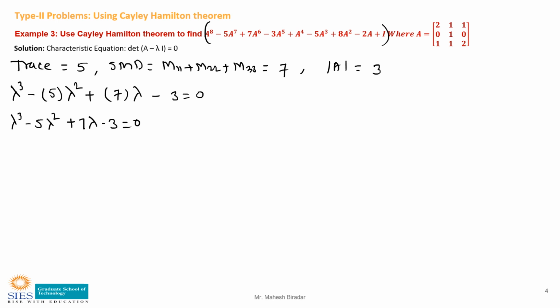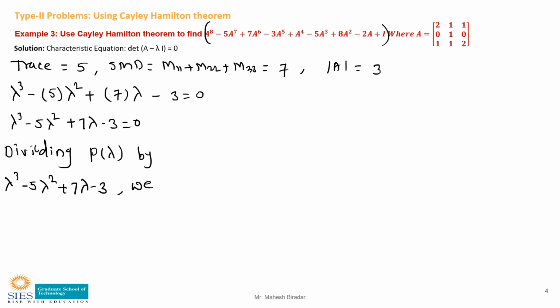Now, whatever polynomial in A they have given, I'm going to divide that with this characteristic polynomial, and I'm trying to find the remainder. So I'm going to write here, dividing the given polynomial in lambda by lambda cube minus 5 lambda square plus 7 lambda minus 3, and we will try to find the remainder part.